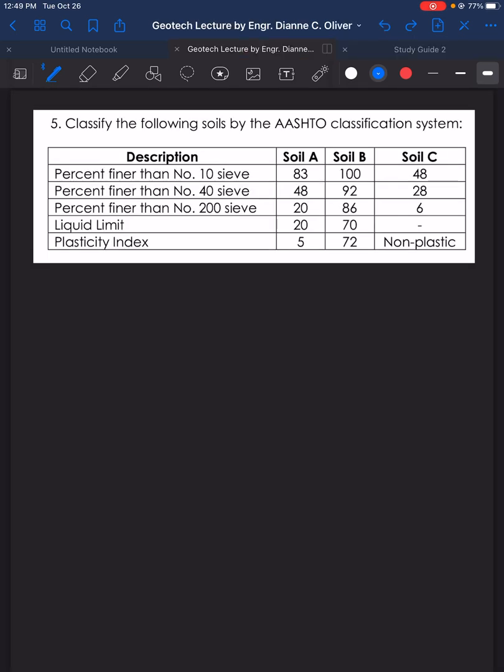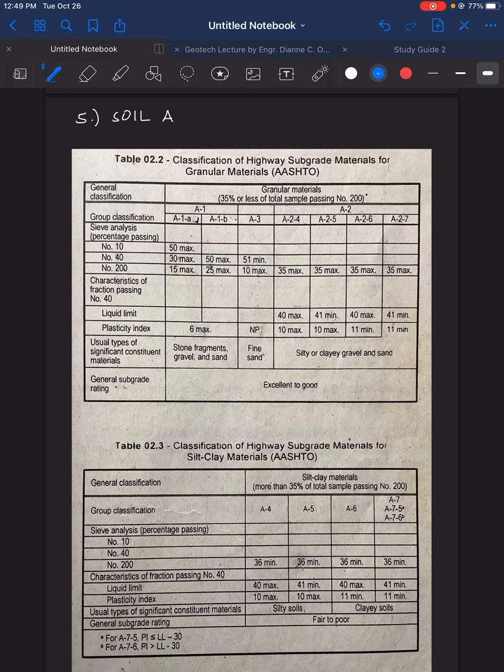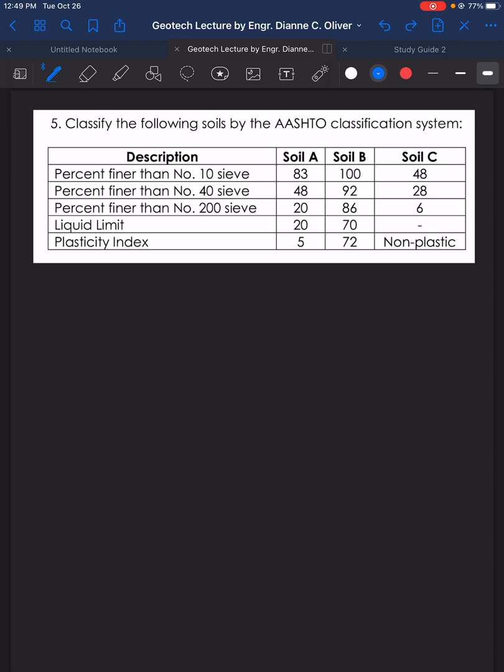Let's concentrate first on soil A. So for the first table, we need to look at number 10. Sieve number 10 has a percent passing of 83%.